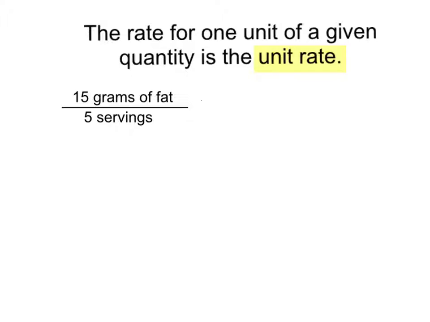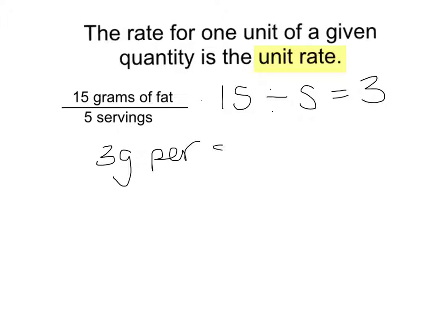That's a simple math thing. We all know 15 divided by 5 is 3. So we have 3 grams of fat per serving, or 3 to 1 is our unit rate.